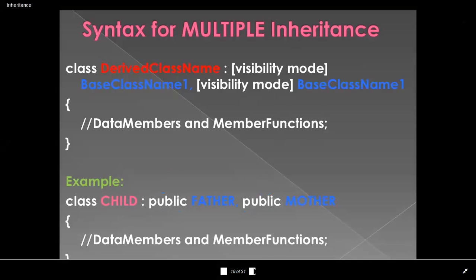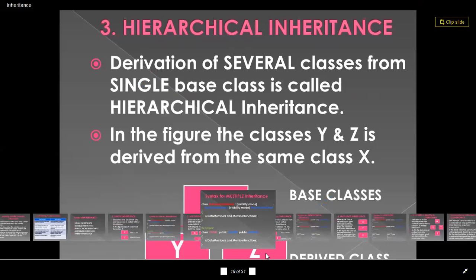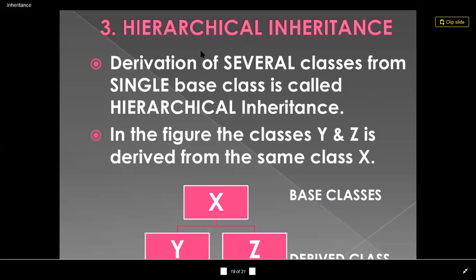Next we have hierarchical inheritance, the one that we just did: the derivation of several classes from one class. So in this last example, from the animal class we have derived a dog class and a bird class. So this is an example of hierarchical inheritance. That means multiple classes are derived from one class.